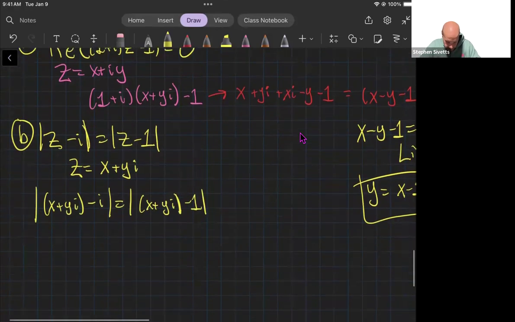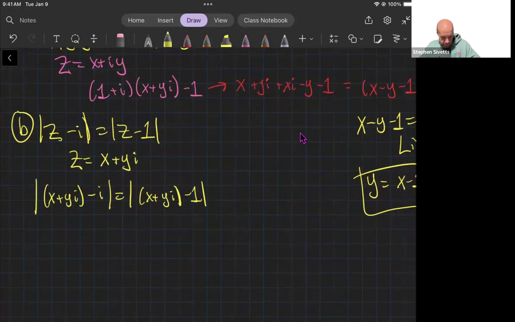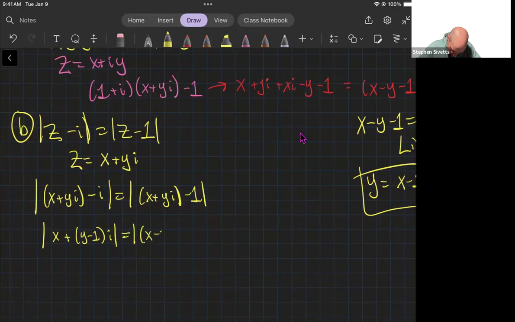Gathering all the real and imaginary terms, on the left-hand side we get x plus (y minus 1) times i, and this has to equal the modulus of (x minus 1) plus y times i.